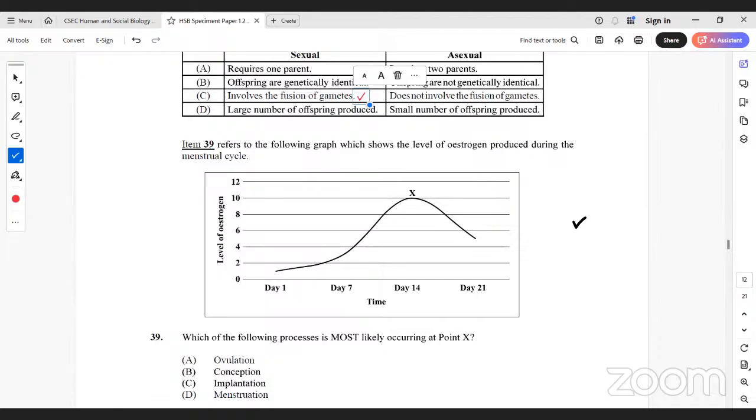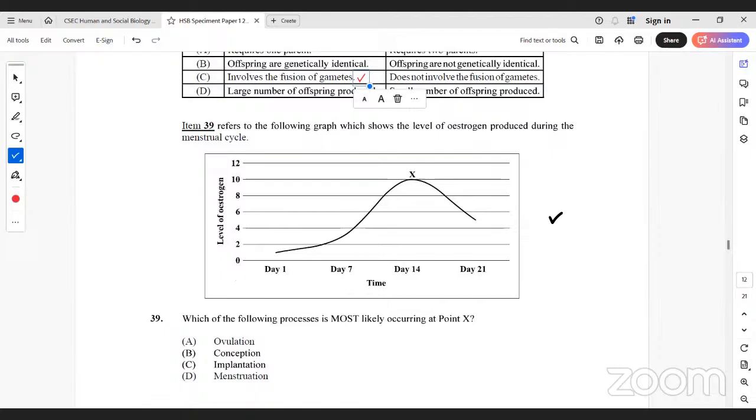39, another graphical data question. Remember, I did tell you you should expect at least 3 of these kinds of questions where they give you some kind of graph and you have to get some information or use something along with the graph. Which of the following processes is most likely occurring at point X?